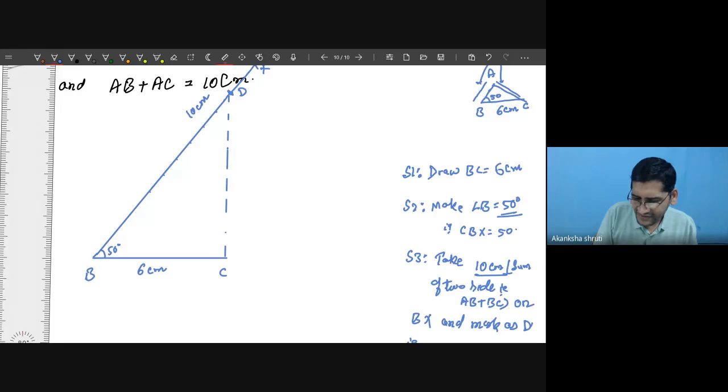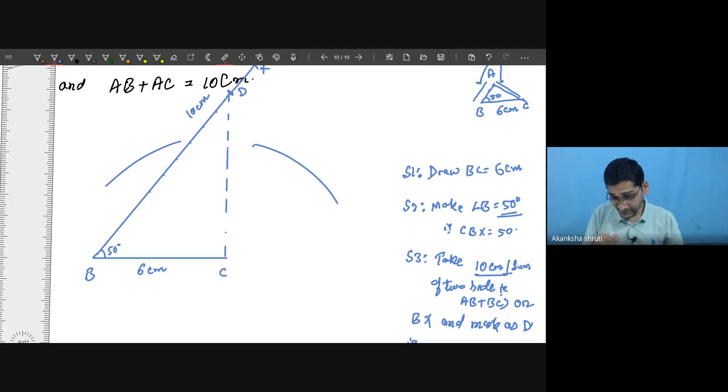Then with the same radius, place the tip at D and make the arcs on both sides.